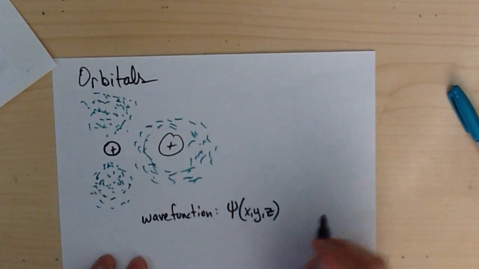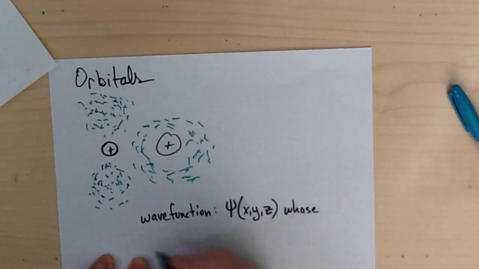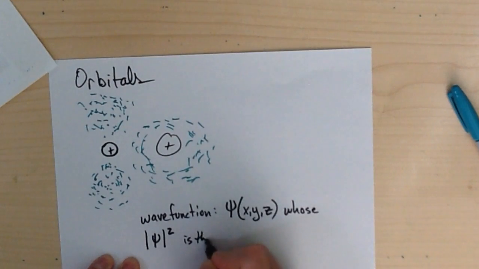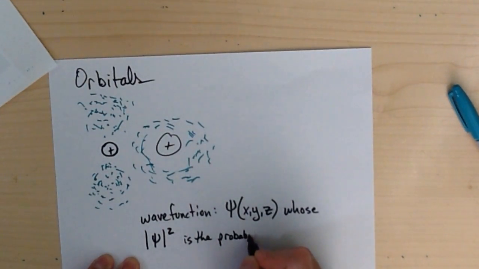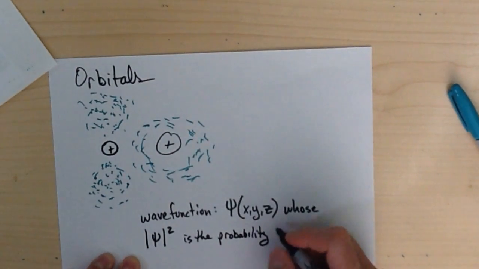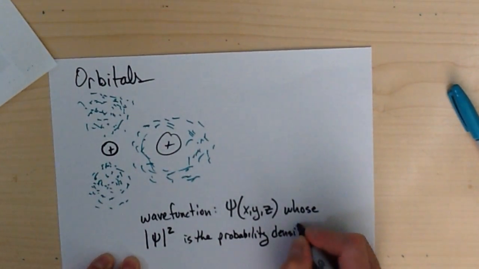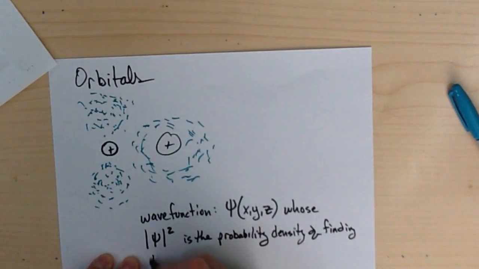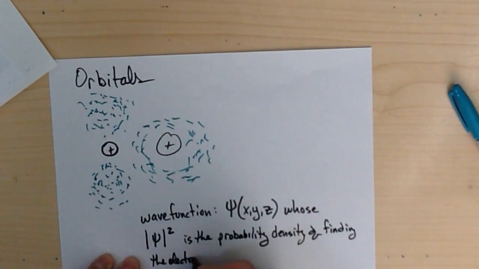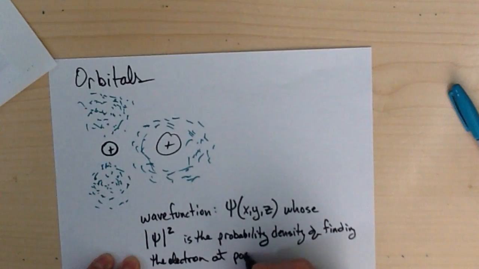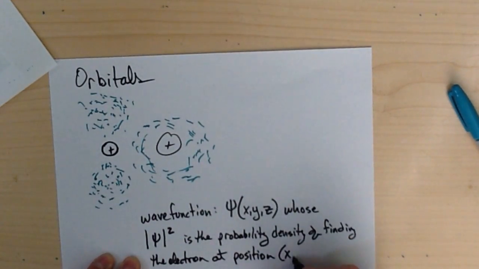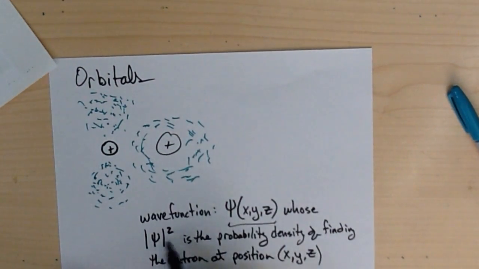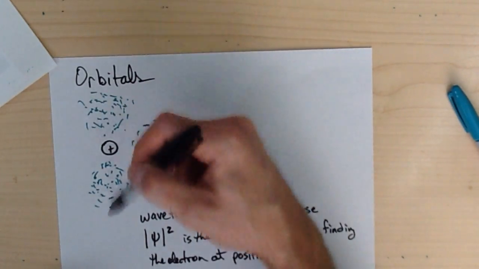So it's a function whose square is the probability density of finding the electron at the position that you're looking. All right, so this is a function whose square is, to some extent, what I'm drawing here.